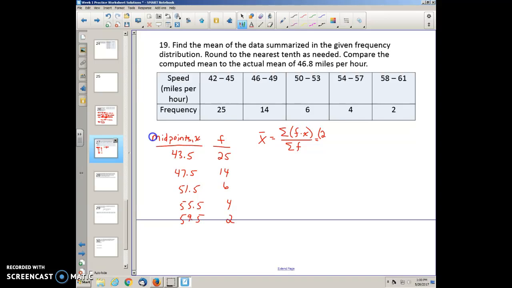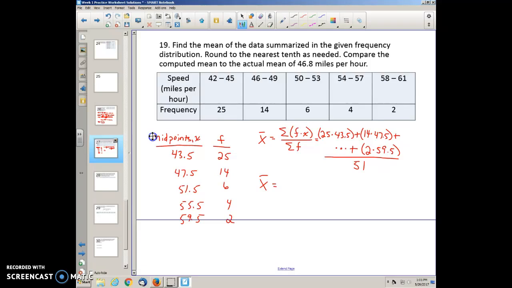It would be 25 times 43.5 plus, then you do the next class, 14 times 47.5 plus, we would do the rest of the classes. Now let me just show the last one. 2 times 59.5 divided by the sum of f, which is 51.